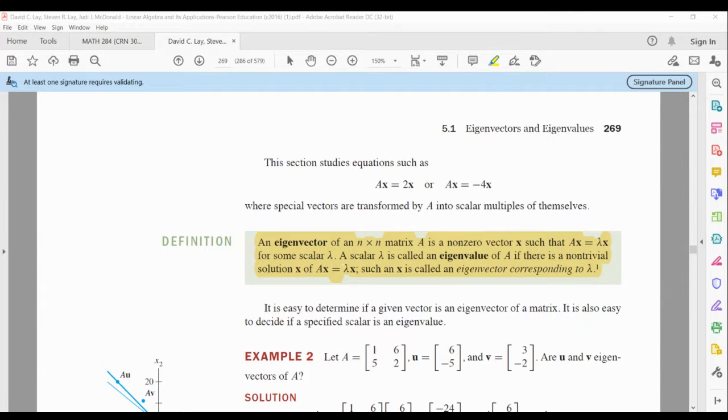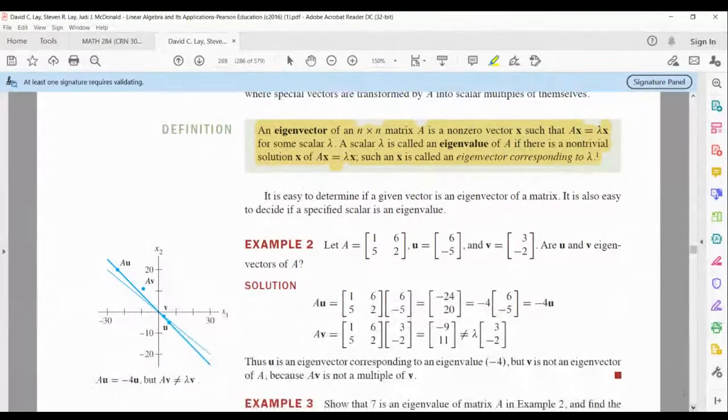So for example, in example 2 here, they have a matrix A and they have vectors u and v, and they're asking, are the vectors u and v eigenvectors of A? Well, to check, they multiply A times u, and they get negative 24, 20 as the vector.